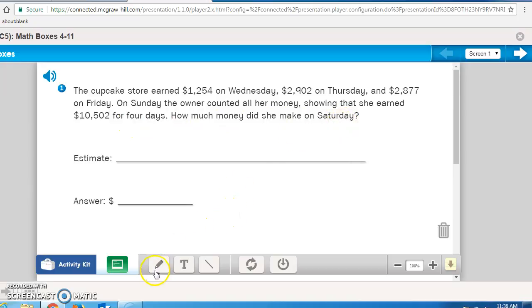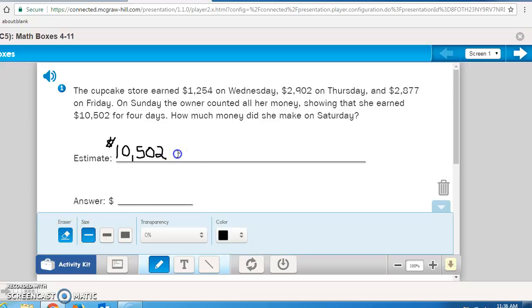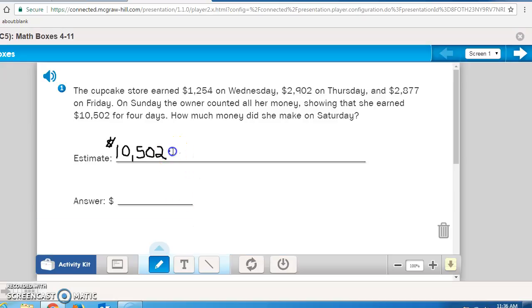I'm going to help you set this up, and then I want you to do the rest of the work. So we know the total was $10,502. That has to be what it says she made for a total. Next, what you're going to do is subtract what she made on the other 3 days.